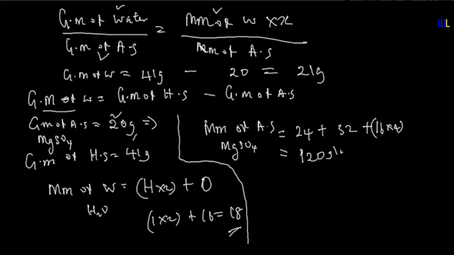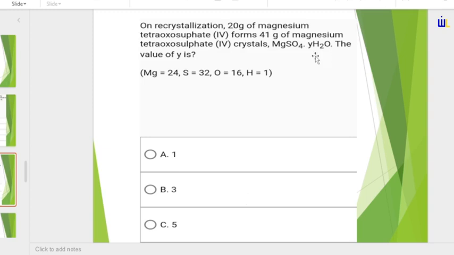All we need to do is put this formula here. Remember that this particular value we are looking for is the water of crystallization. It is the X in our formula. They used Y, but we are using X; it is the same thing.